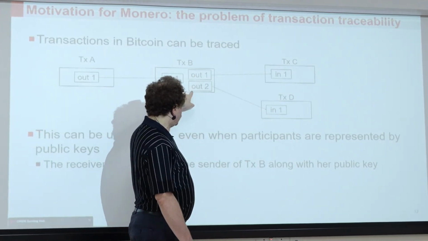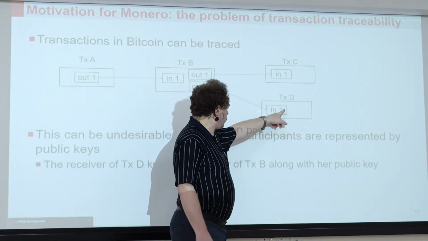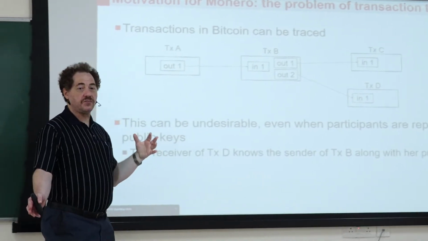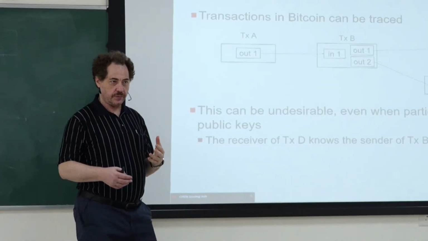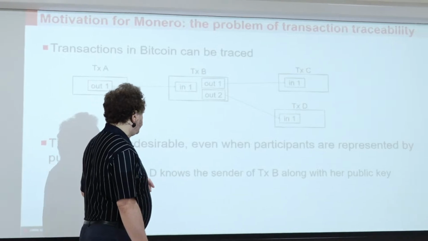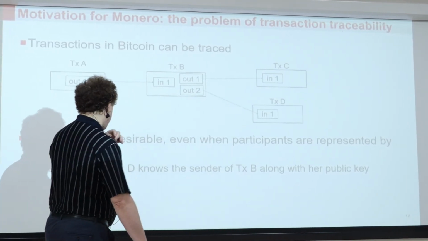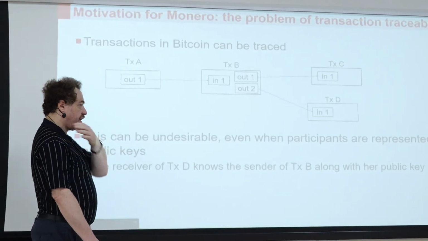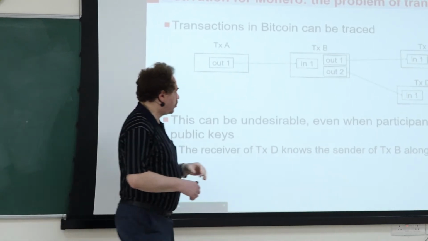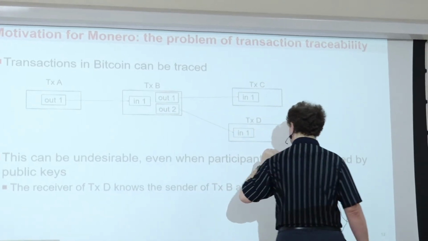We have a UTXO here, and then we use it as the input in another transaction. This way we can build, first of all, a graph of transactions. And this graph is publicly available for everyone, not just to the parties involved in a particular transaction.